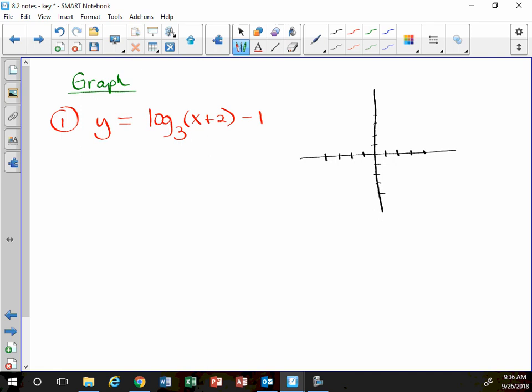Yes. Good. Yeah, I can see that. Yeah, I changed the base on you here, right?